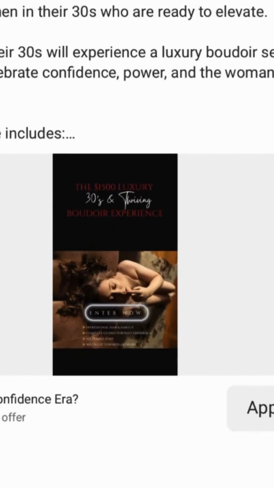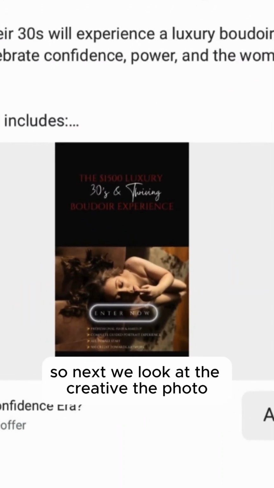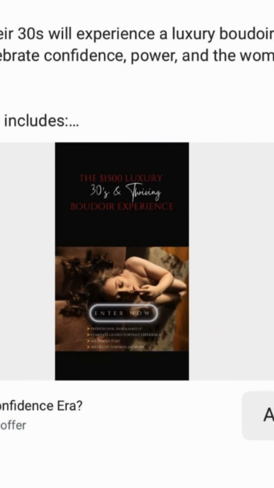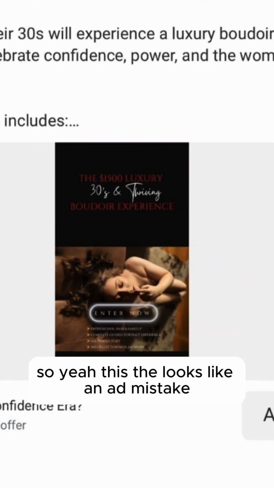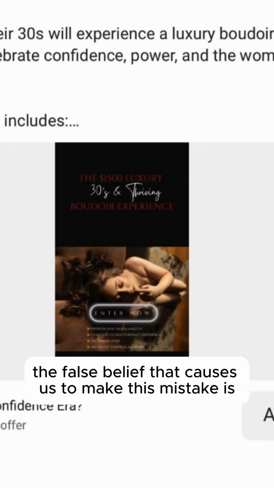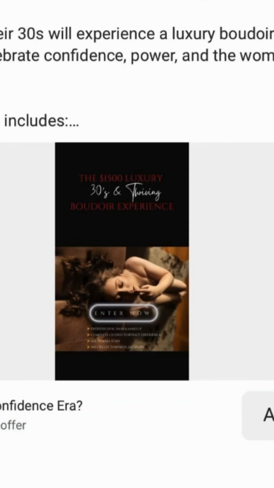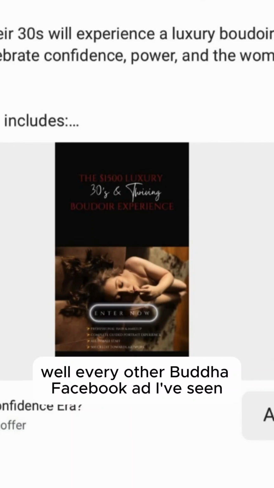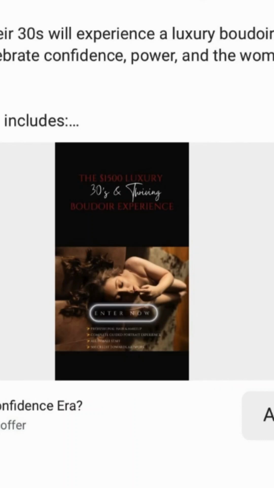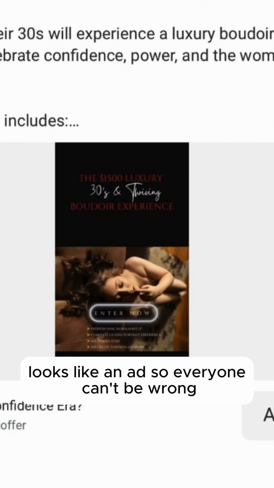Next, we look at the creative, the photo. So yeah, this looks like an ad mistake. The false belief that caused us to make this mistake is, well, every other Boudoir Facebook ad I've seen looks like an ad, so everyone can't be wrong, can they?